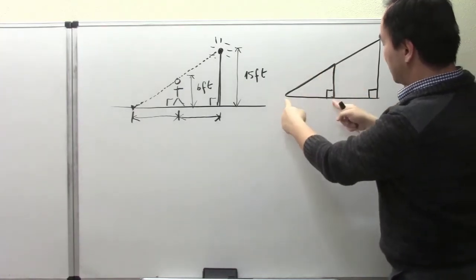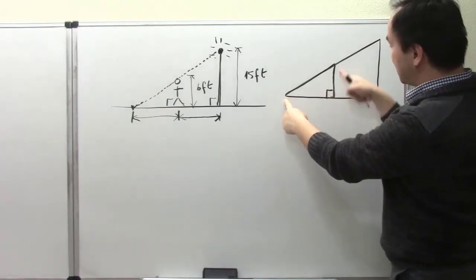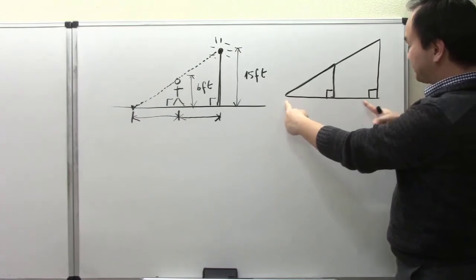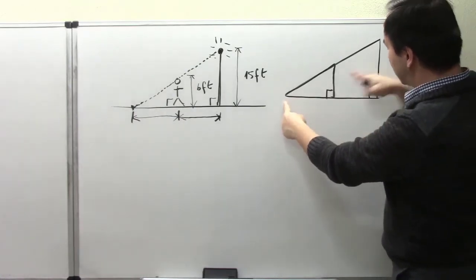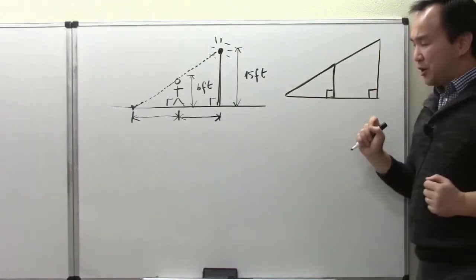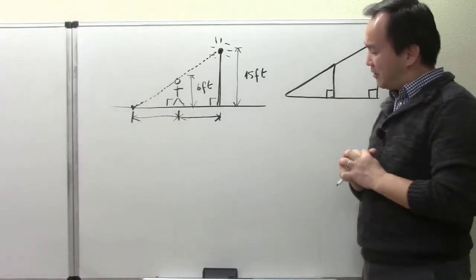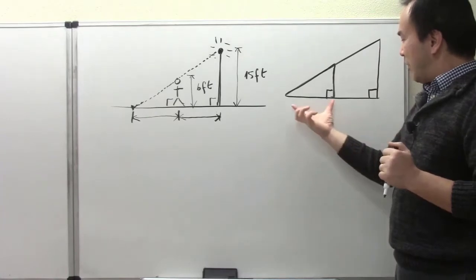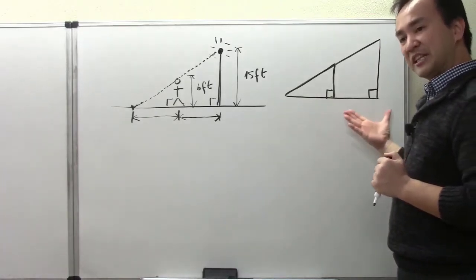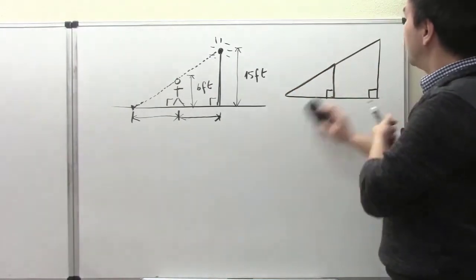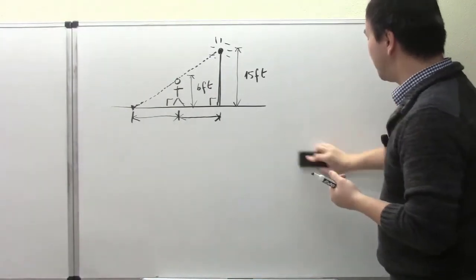This shorter side here on my smaller triangle corresponds with this longer side right here on the bigger triangle. So the thing I need to remind anyone about similar triangles is that they will always have pairs of corresponding sides. Go ahead and review your understanding of similar triangles.